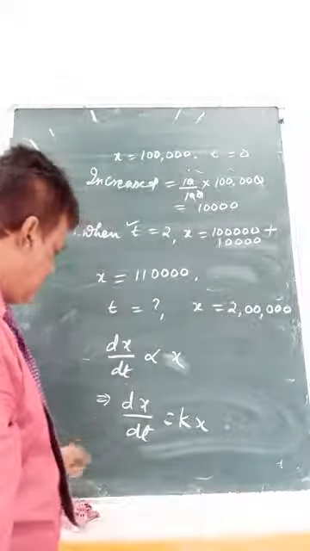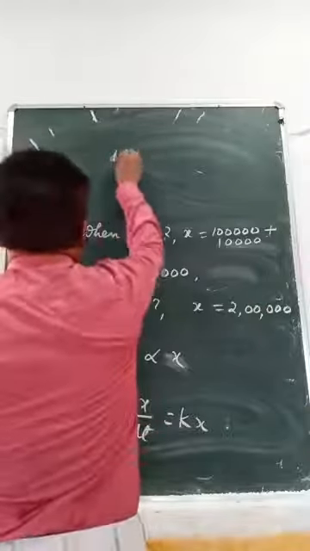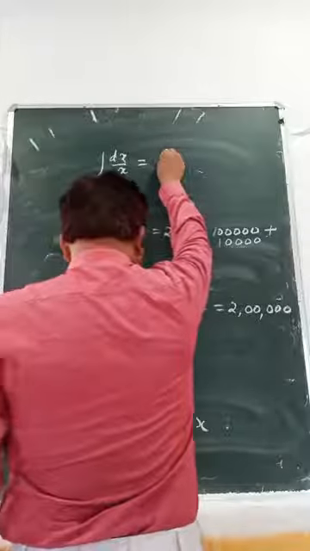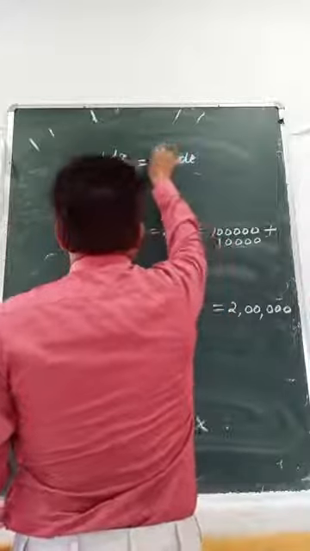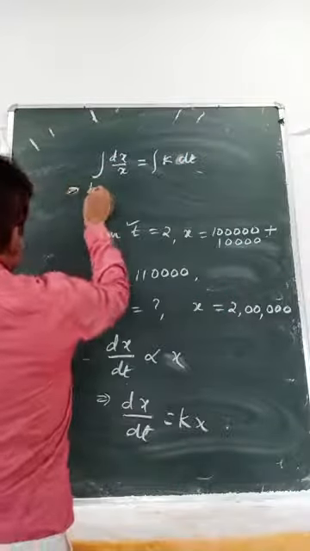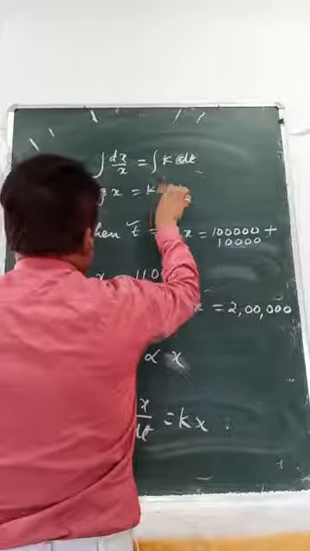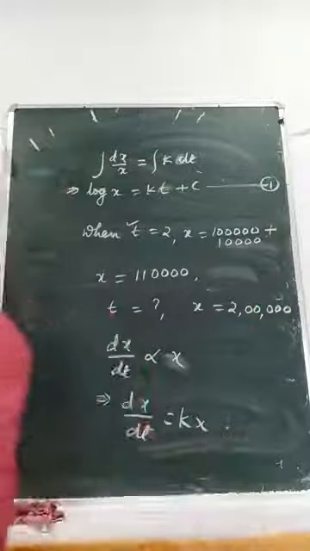Now this x will come down. So dx by x is k dt. Integrate: log x equals kt plus a constant. This is equation number 1.